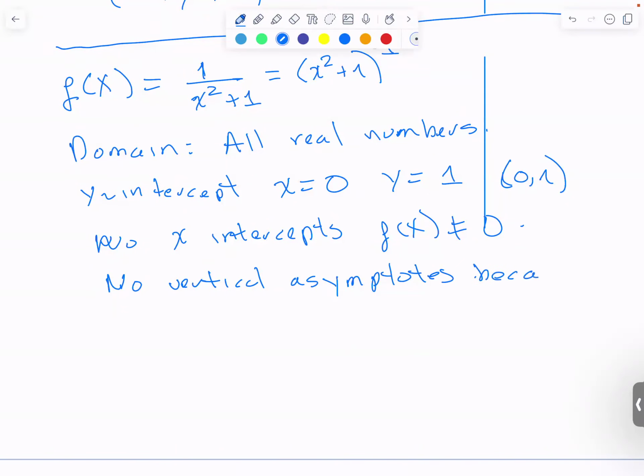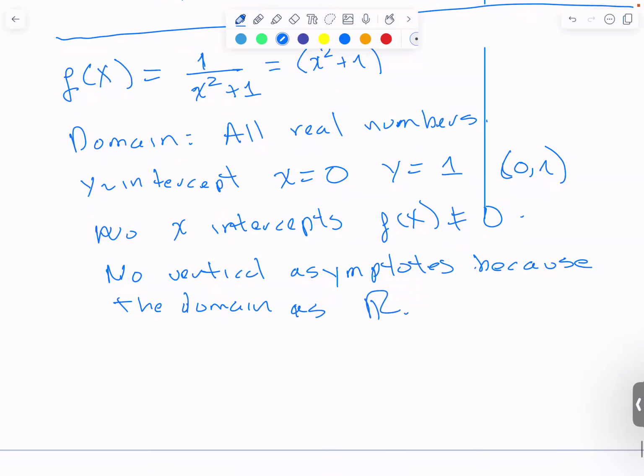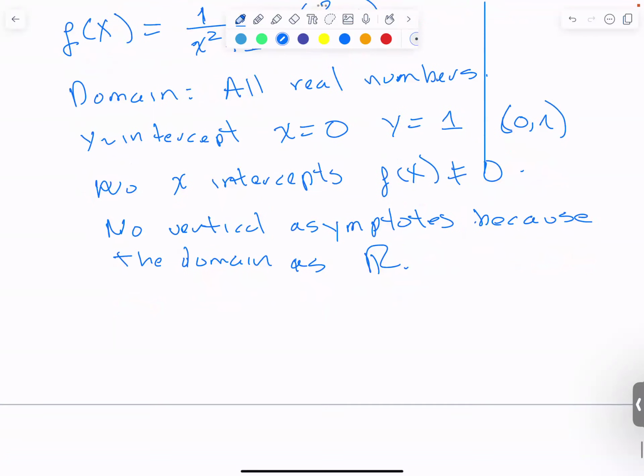Because the domain is all real numbers. Now, horizontal asymptotes, let's see here. Okay, before going to horizontal, why say no vertical?